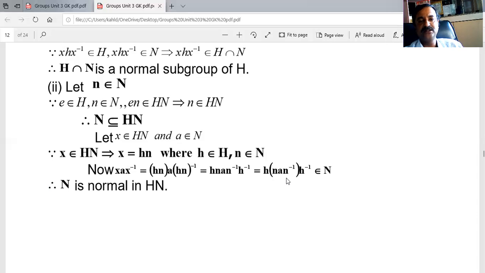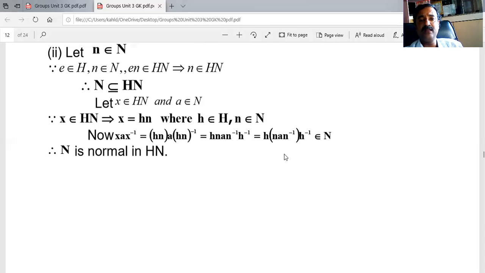Okay, students? Now, if you understand that, then what happens to the total? All the elements belong to N. How will it be done? Because this element belongs to N, since N is a normal subgroup. H n h inverse belongs to N, because N is again a normal subgroup.